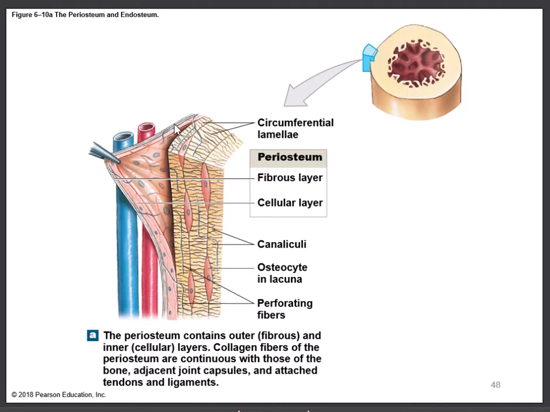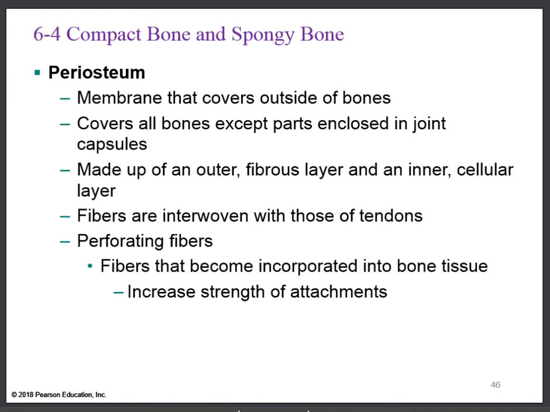This kind of grayish tissue right out over here, this is the fibrous layer. If you can follow it all the way down over here, if you follow my cursor. And then the inner lining right here, you can see they actually put some cells there. This is the cellular layer. This is where those osteogenic cells are. Osteoblast cells are out over there, things we had talked about in the previous lesson. So those are the two layers.